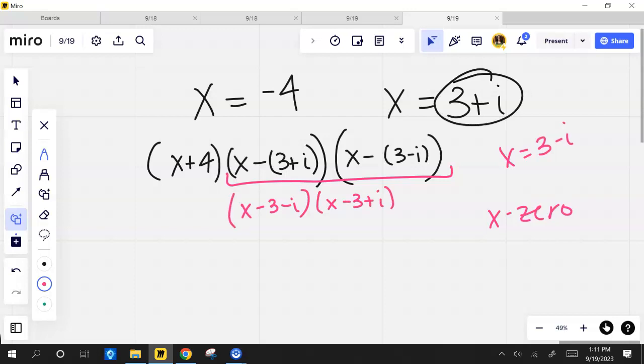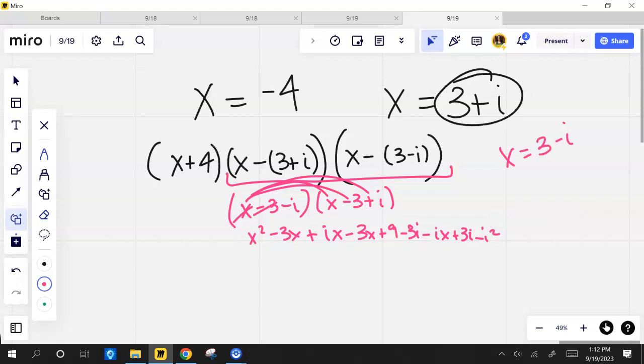And now I'm just going to start multiplying around. x squared minus 3x plus i times x. Now I'm done with that one, move on to the negative 3. Minus 3x plus 9 minus 3i. I'm done with that one. Minus i times x plus 3i minus i squared.